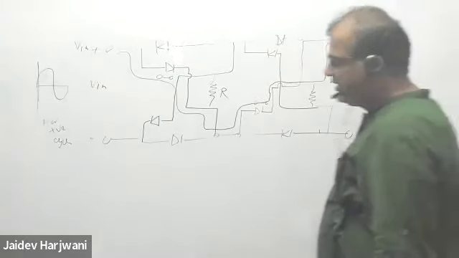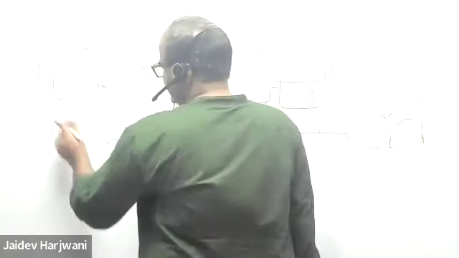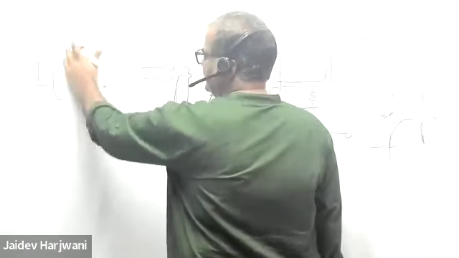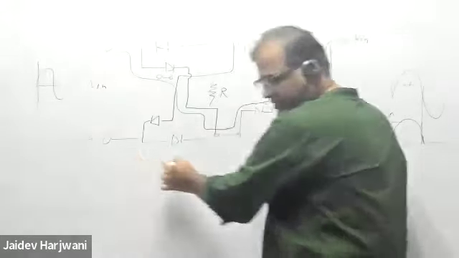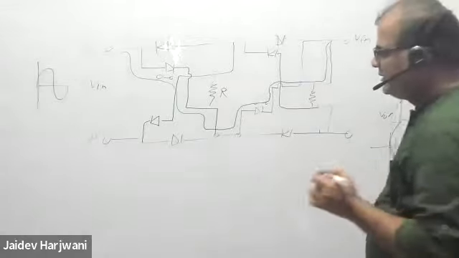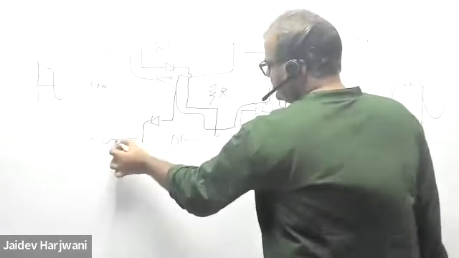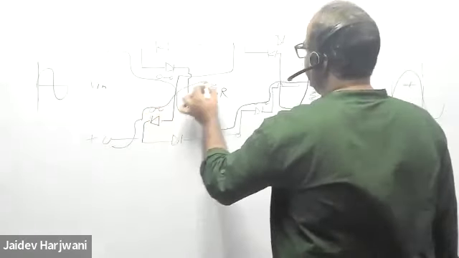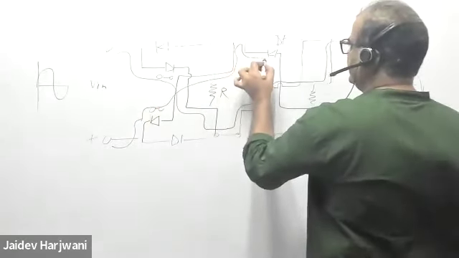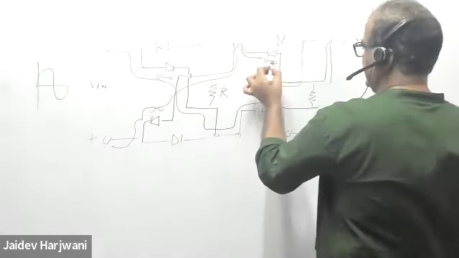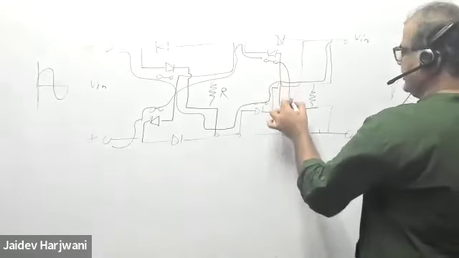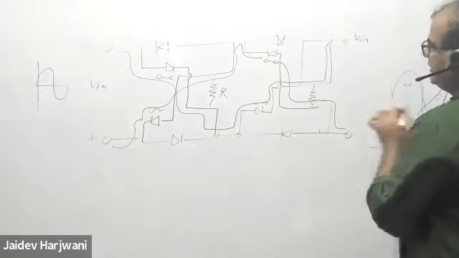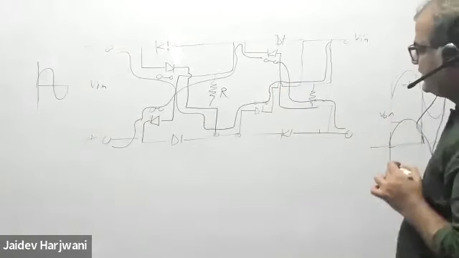And for the next cycle, the negative cycle, what will happen? This will become plus and this will become minus. Current flows oppositely. Because this will be short circuit, current will go from here to here, then here to here. Correct?